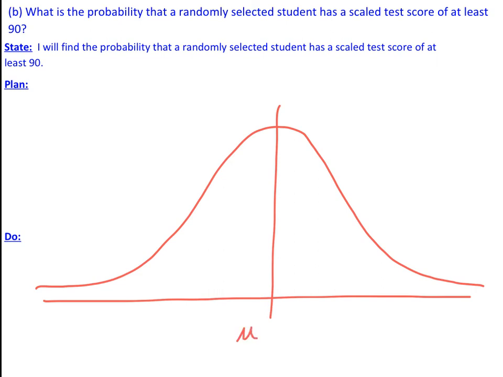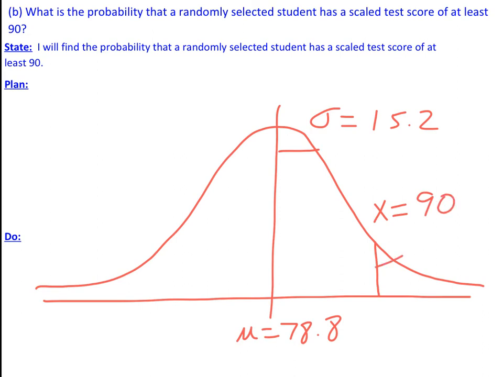Nice normal curve, centered at 78.8. Sigma is 15.2. The question that we're addressing is what proportion of students would have a 90 or higher. Okay, 90 or higher.